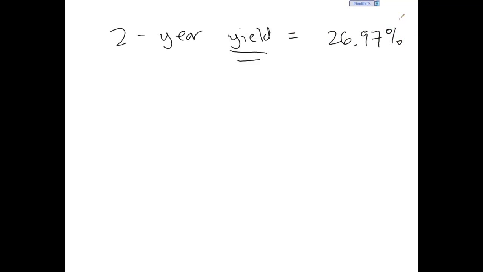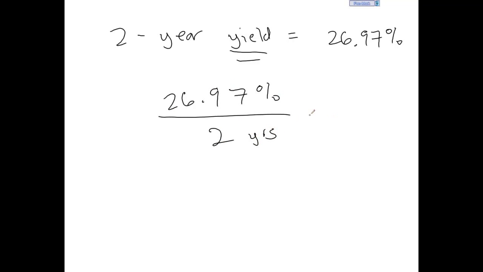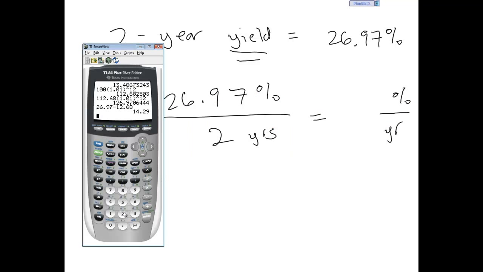Okay. Well, that's the 2-year yield, but what is the 1-year yield? So a lot of us are tempted to just take 26.97% and divide that by 2 years, because it's natural to think, well, that's percent per year, and that makes total practical sense, right? But unfortunately, mathematical sense doesn't work out to be quite that.